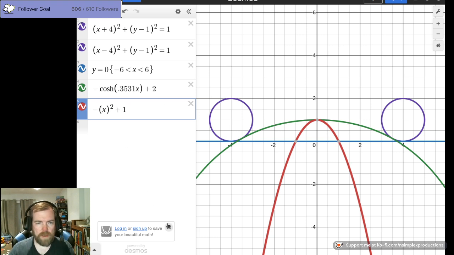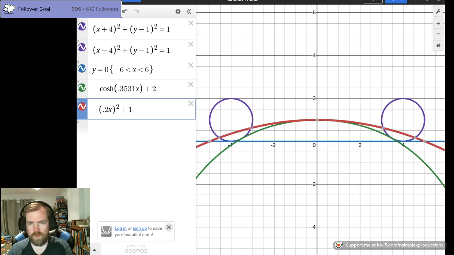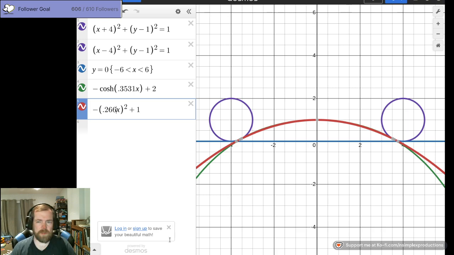So this is going to be, again, 0.2, whoops, 0.2, too far. So 0.3, 0.29, 0.28, 0.27, 0.26, okay, 0.265, 0.266. That's pretty close. That's about as close as we're going to get.